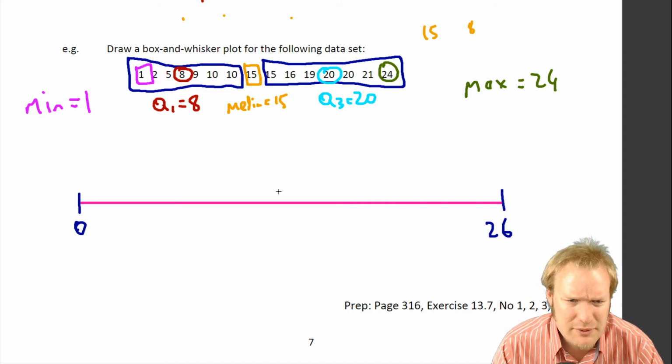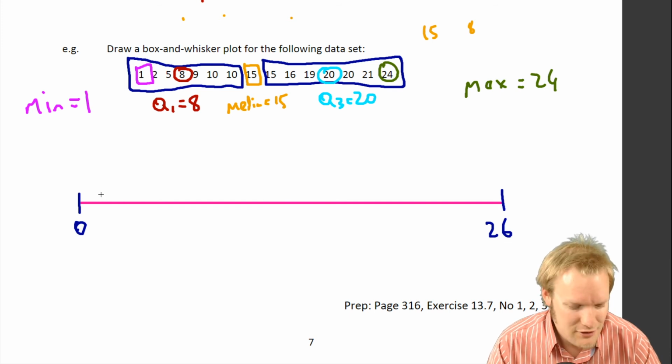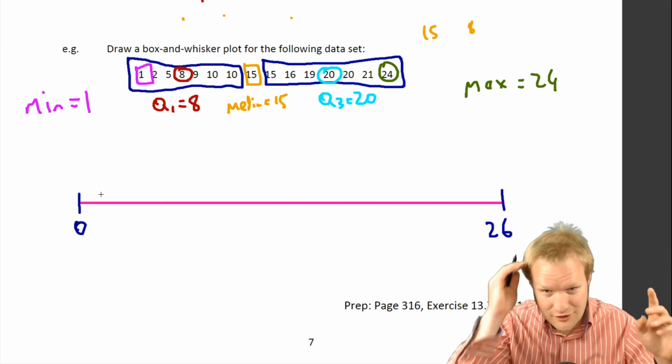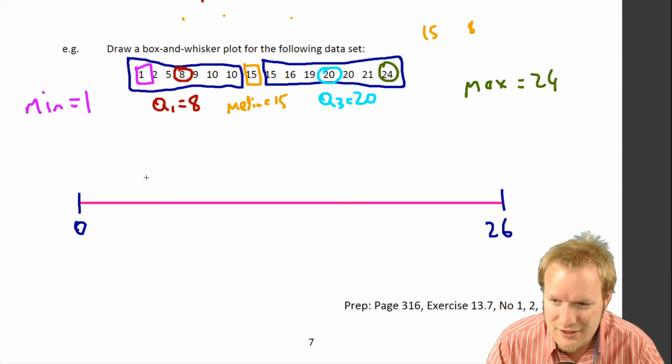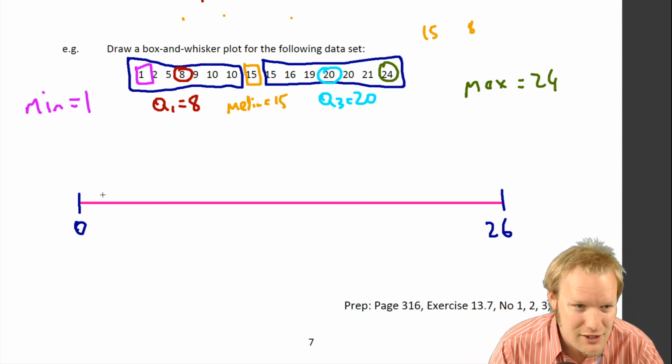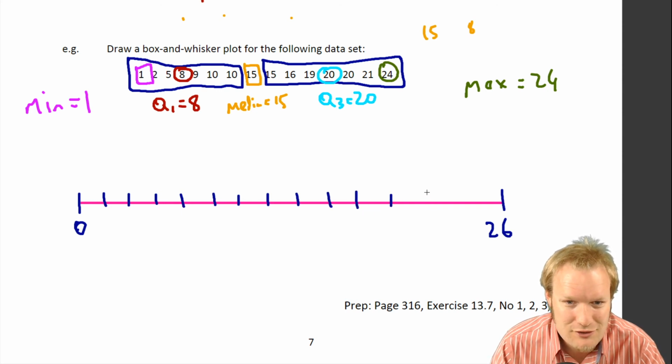And let's count them up in 2s. I don't know if I'm going to get this right. It would be helpful to use a ruler and go, well, that was like 10 centimeters, so let's vaguely get it right. But let's see how close I get. 2, 4, 6, 8, 10, 12, 14, 16, 18, 20, 22, 24, 26 is there.